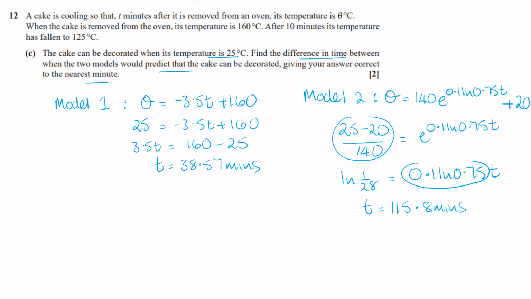So there's a huge difference between the length of time before the temperature is going to be predicted to fall to 25. But all you need to do now is find the difference, which will be the 115.8, take away the 38.57, and that equals 77 minutes to the nearest minute.